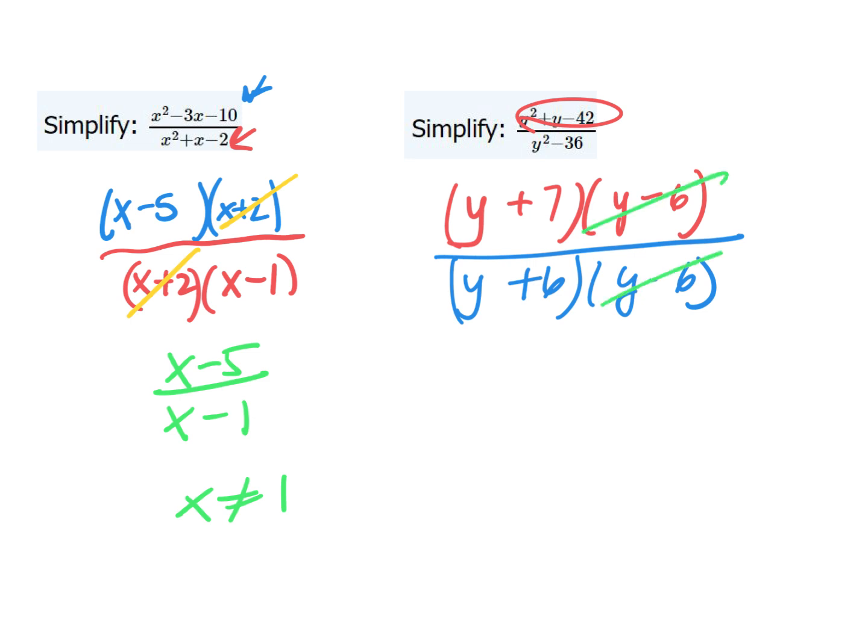And we can see that the expression y minus 6 is going to cancel. And we are going to be left with y plus 7 over y plus 6. And then have to note that y cannot equal negative 6.